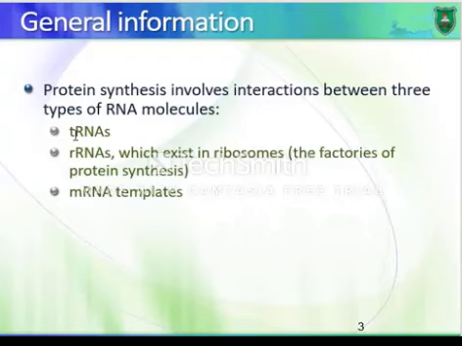The ribosomal RNAs are part of ribosomes, the factories of protein synthesis. We'll know about ribosomes in more detail in the coming slides. And the messenger RNA is the template, the RNA sequence that is a code for the protein synthesis.